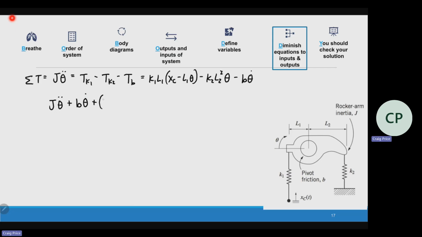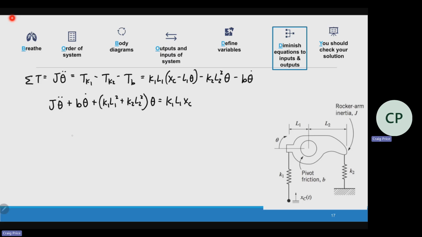And I can even combine these. I get K1 L1 squared plus K2 L2 squared is equal to K1 L1 times my input XC. And lastly, we wanted a transfer function. This is nice. It's linear, single input, single output.